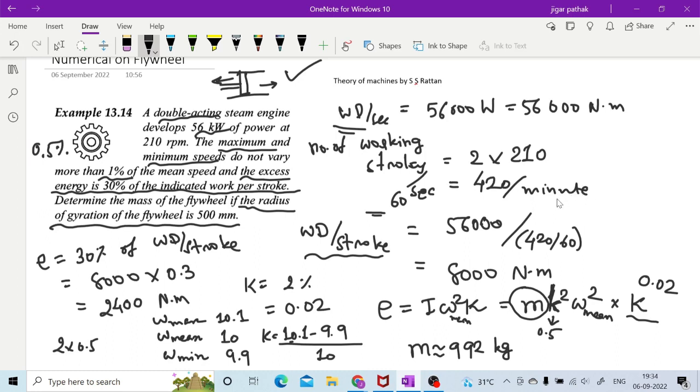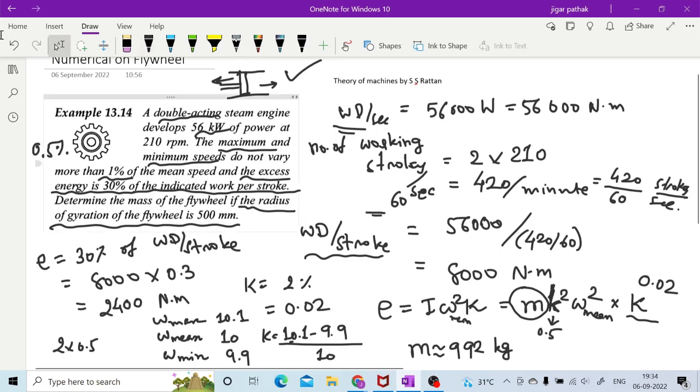You need to convert it into seconds, so it is 420 by 60. This is strokes per second. Now work done per second divided by strokes per second will give you work done per stroke. Are you getting it? Yes. Okay, is it okay?